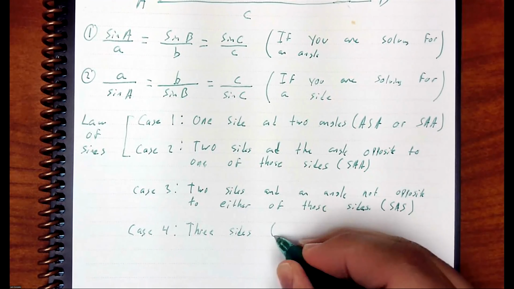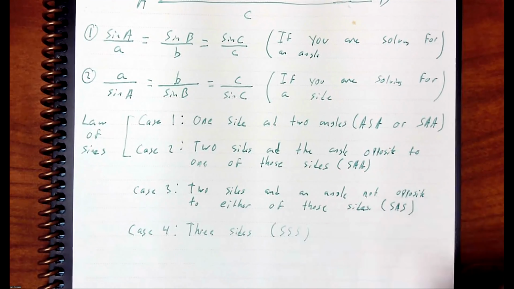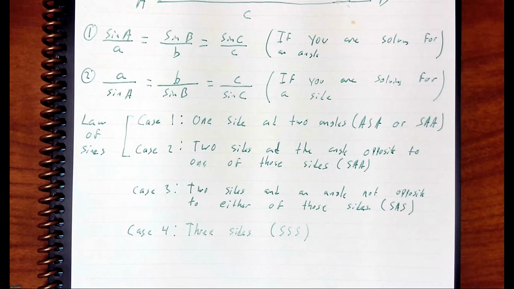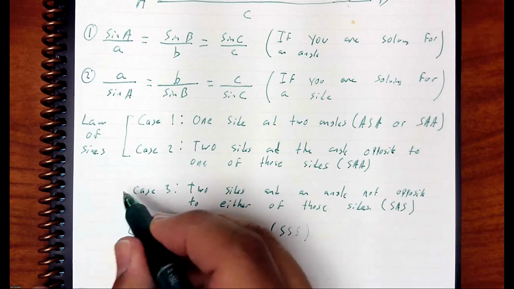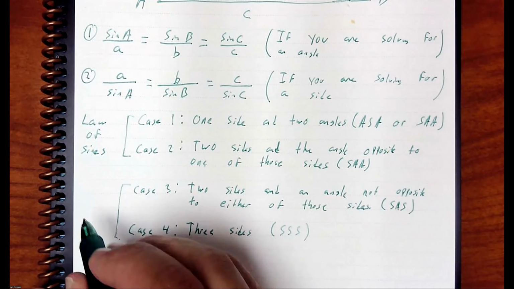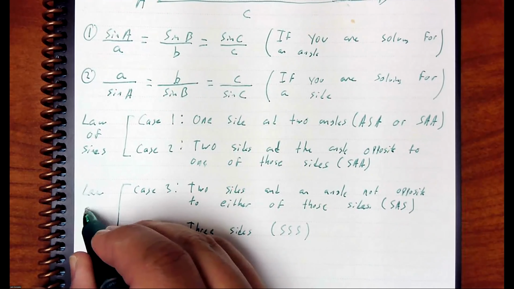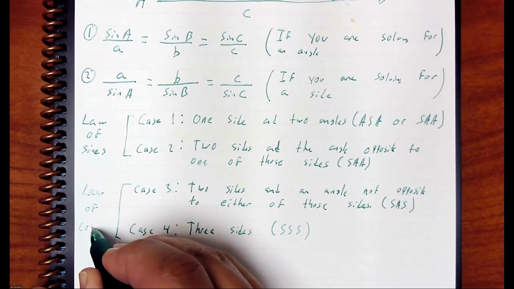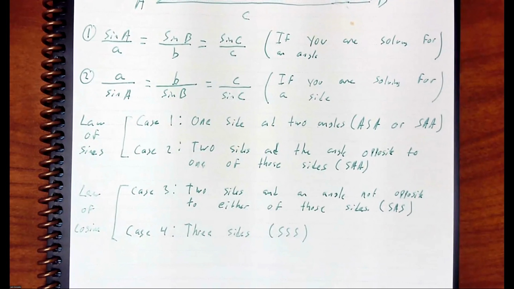Case four is all you have is sides. Side, side, side. Okay. If you have case three or case four, this would be a law of cosines problem. But again, we'll focus on those case three, case four tomorrow or Friday.